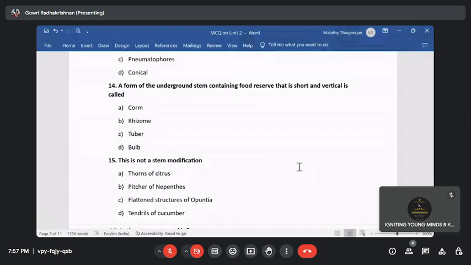Now, somebody said rhizome. Rhizome is option B, no? Actually, rhizome is also an underground stem that grows horizontally rather than vertically. Here we are asking about vertical growth. Then, tuber is a swollen underground stem modification that stores food reserves. Unlike a corm, a tuber is typically enlarged at the tip of a rhizome or stolon.